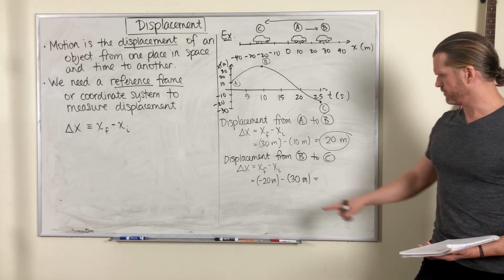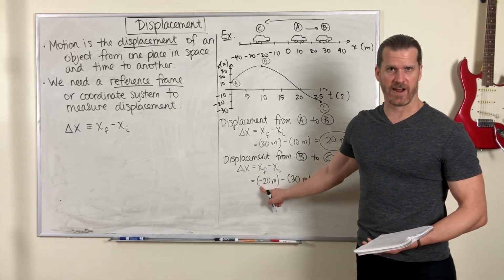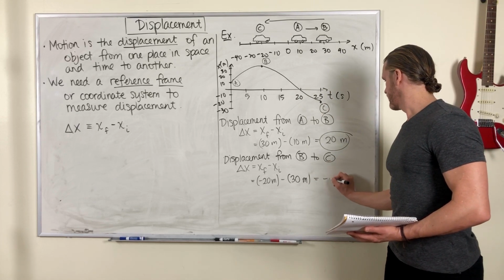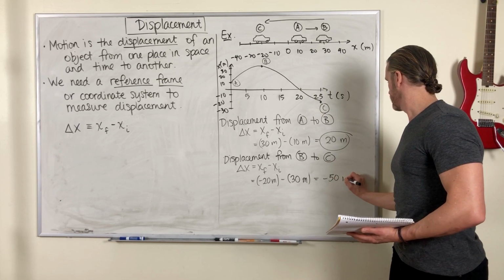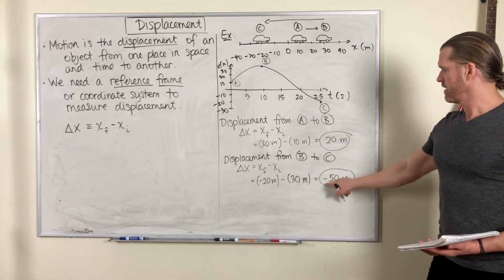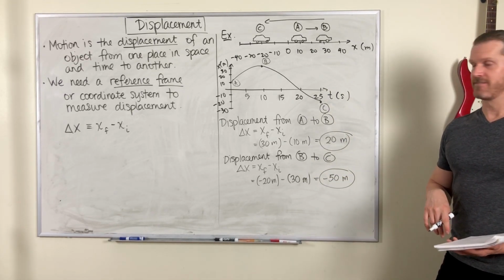Notice when you do that, you need to keep careful track of the signs. Negative 20 minus 30 is negative 50 meters. This negative sign is important.